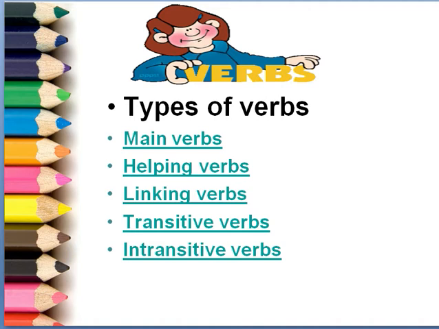And students, today we will only discuss main verbs, and regular and irregular verbs will come in it. Next are helping verbs or auxiliary verbs, linking verbs, transitive verbs, and intransitive verbs.